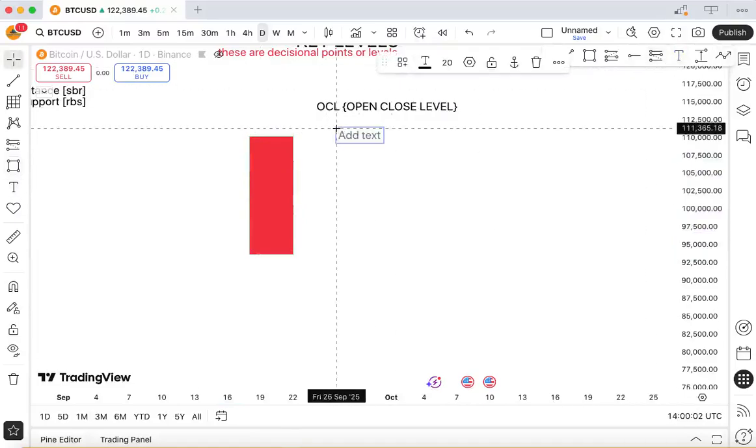Let me briefly explain this. It is created or formed by two candles. I've said two. Have you heard me mention three? No, I've said two candles of the same nature. Same nature, I mean same color: bullish, bullish, or bearish, bearish.